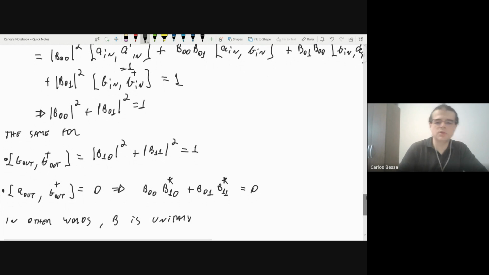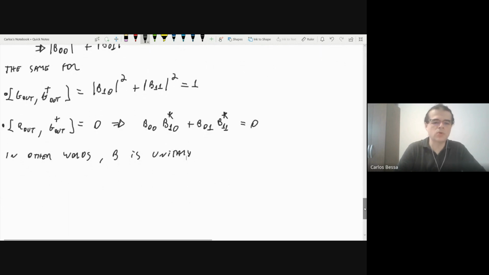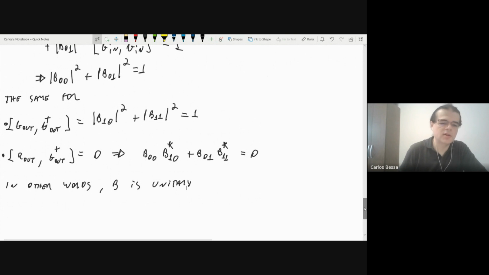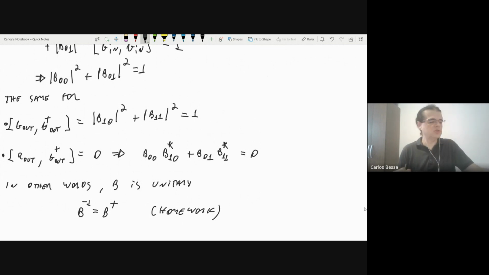Okay, I'll leave you guys to prove this using these properties, but it's a long and boring calculation. You just use these things we will find here. We could find B is unitary. It means that B dagger is the inverse of B. Okay, and this is homework. It's an easy calculation, but it's tiresome.